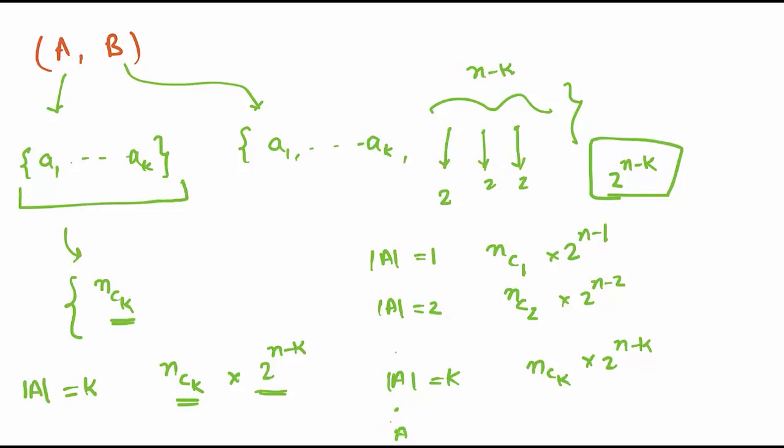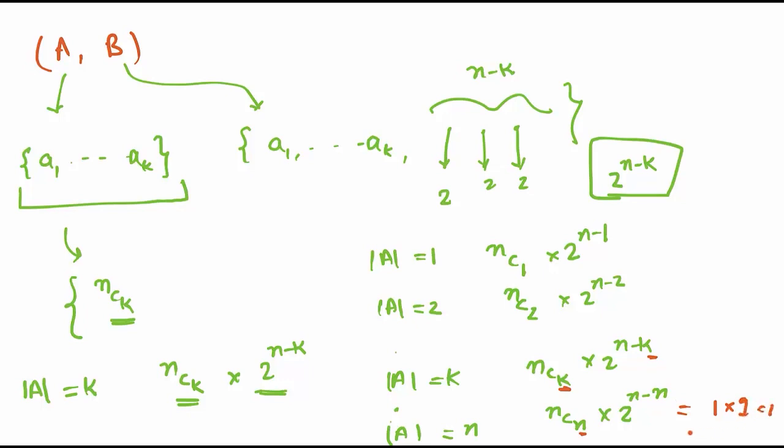And this cardinality of A could be n also, right? Then we have nCn, that is 1, only one choice for A, and 2 power n minus n, which is nothing but 2 power 0, that is 1.